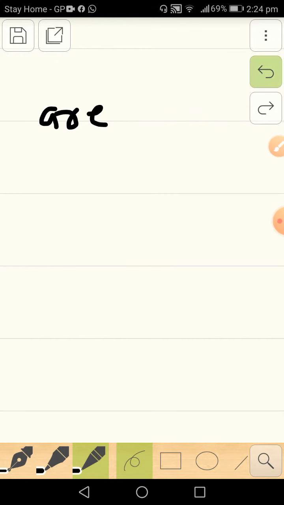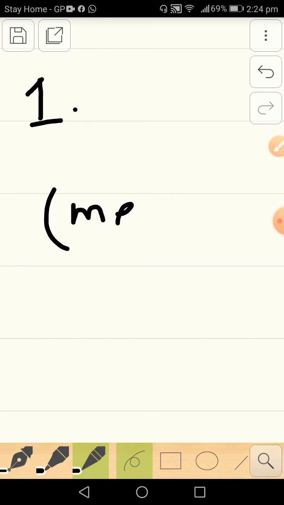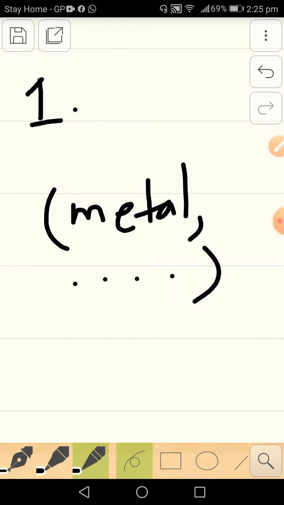Number one, start noting down: add or continue adding the solid, and then inside a bracket write metal or metal oxide, metal carbonate, metal hydroxide, and then close the bracket.